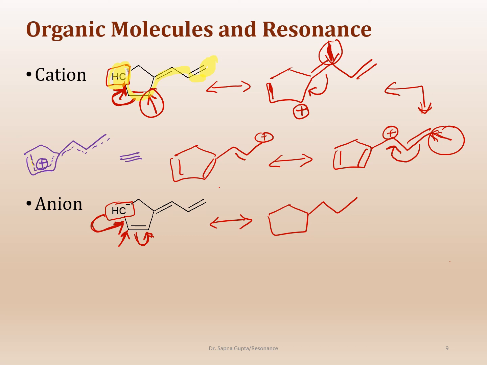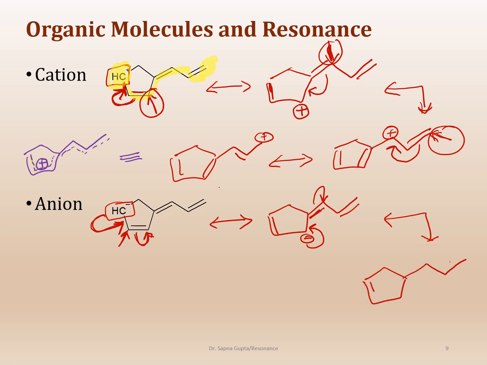So now my new bond is here, my new charge is over here, and I have bond here, bond here. Now that I have a negative charge here, I can move this here, and this is going to move here. Why is this going to move? Again, it's a pi bond. So pi bonds, lone pairs of electrons, they can move.